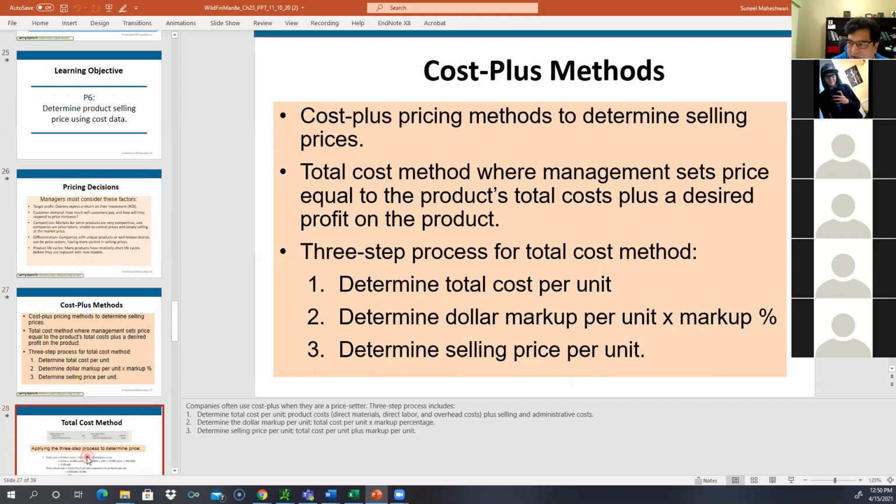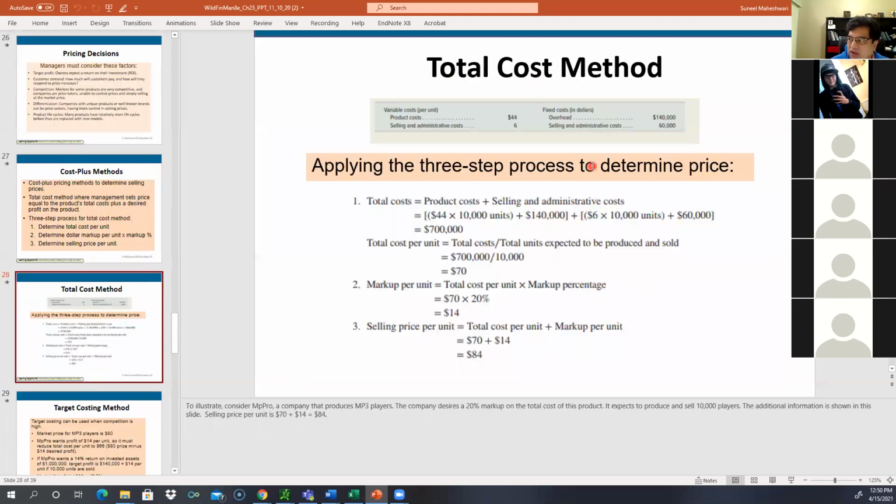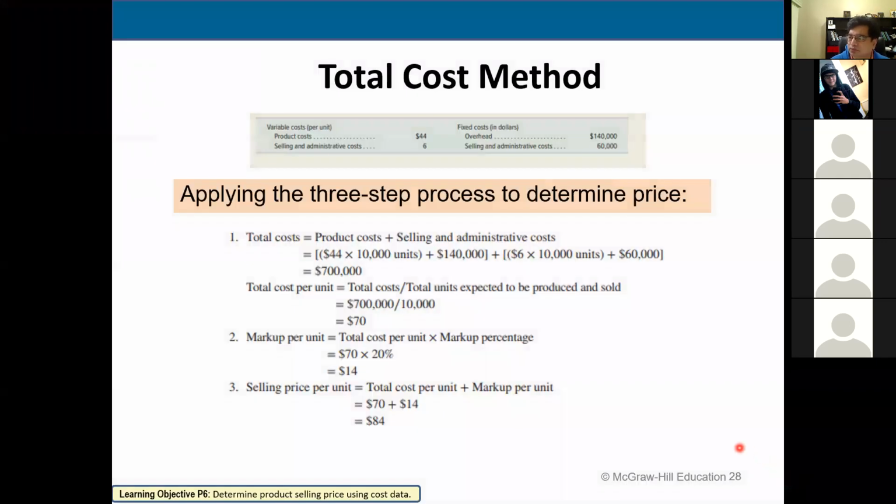Simple. So in this case, your total cost is given at say 700,000. If you add these things up, 44 units is the product cost, selling and administrative cost variable.